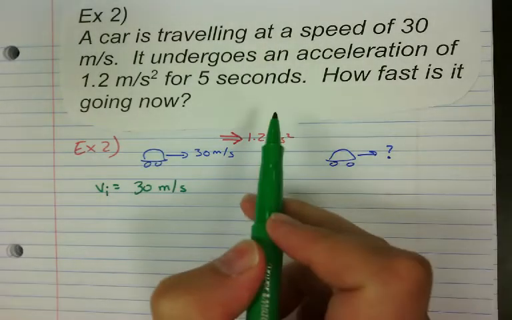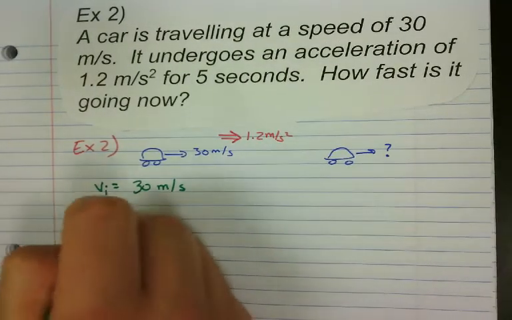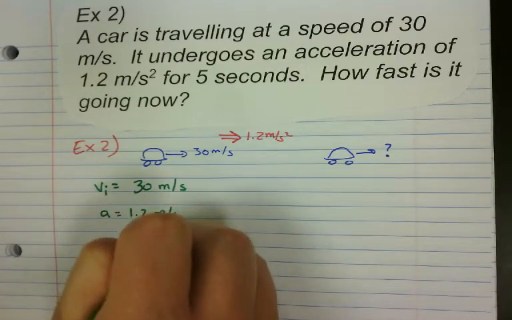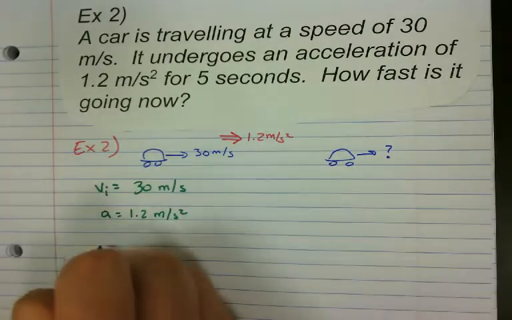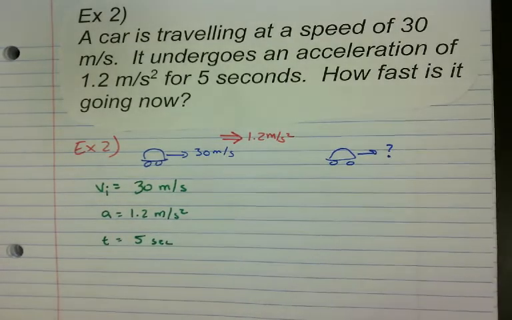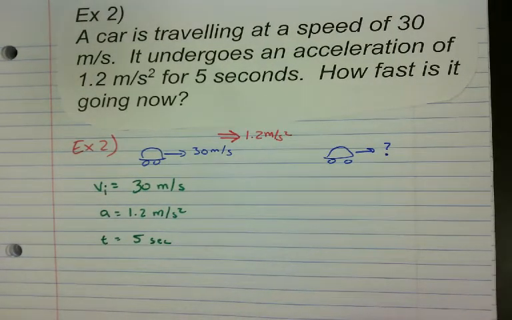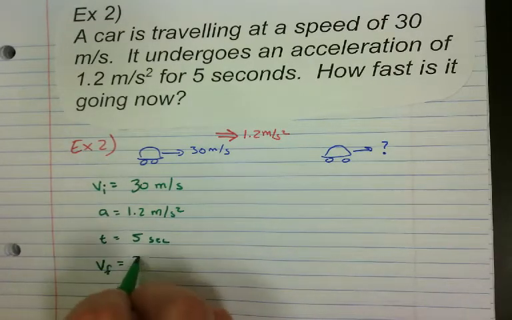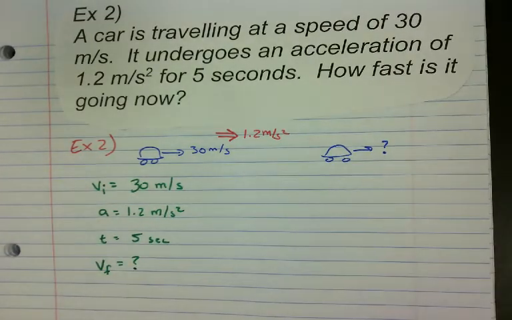Then it says I undergo an acceleration of 1.2 meters per second squared. So acceleration, 1.2 meters per second squared. For 5 seconds, that's a time. How fast is it going now? So if I want to know how fast it's going now, I'm looking for the final velocity. So I'm going to say VF equals question mark.